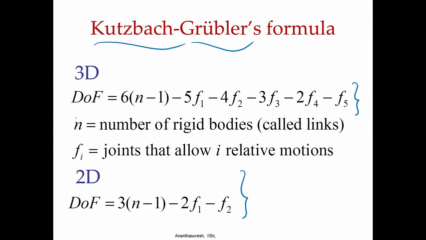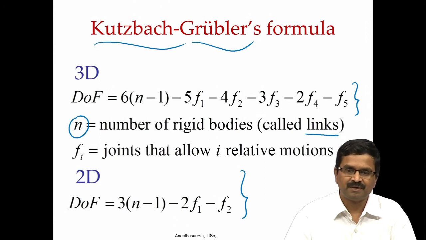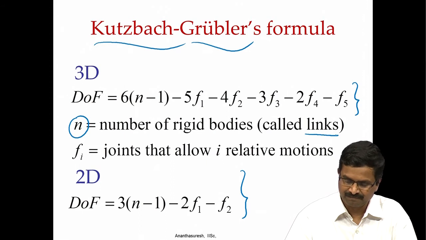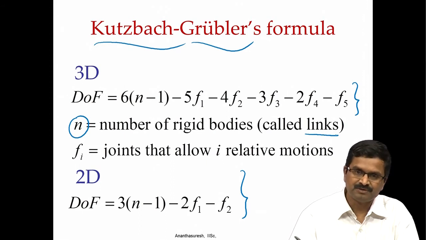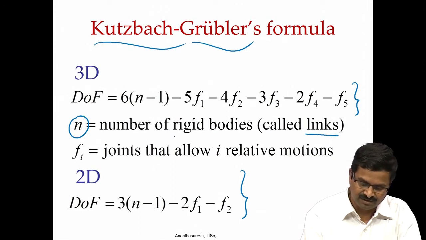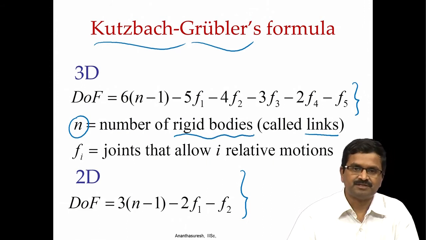Here n is the number of rigid bodies, and it is a misnomer that we always use the word links. Link normally means in plain language something that connects two things, but here we say it connects two joints. It is a kind of misnomer, but people normally use links when we should actually mean rigid bodies.